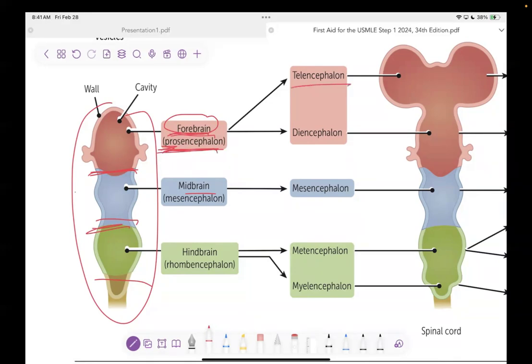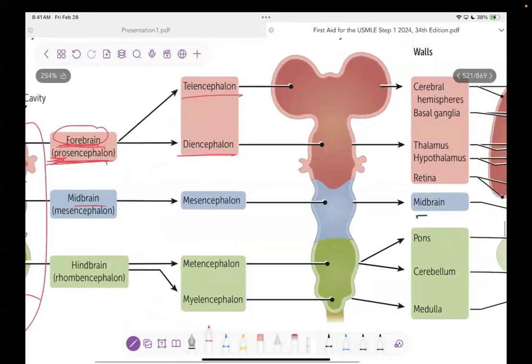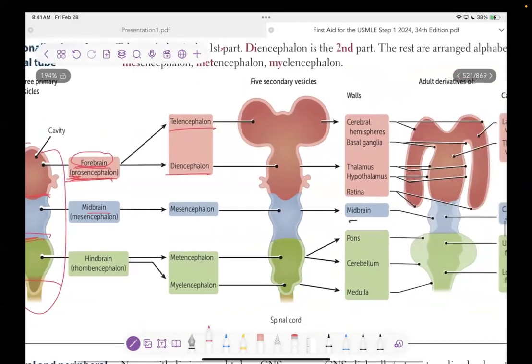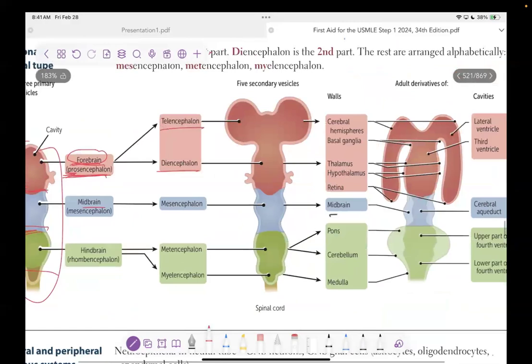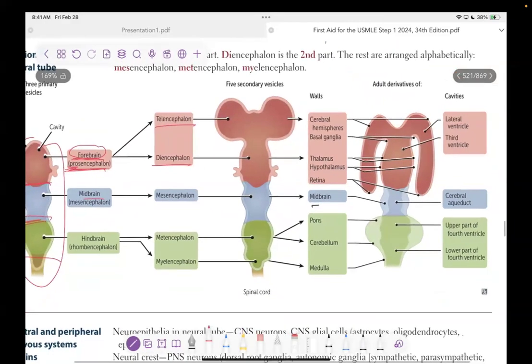develops into a telencephalon and diencephalon. Telencephalon, the way I remember it, and the mnemonics I'm going to share with you all, let's read the first bit first, and then we will go ahead with the mnemonics. So telencephalon and diencephalon are made of the forebrain. It means that the forebrain or prosencephalon makes the encephal.